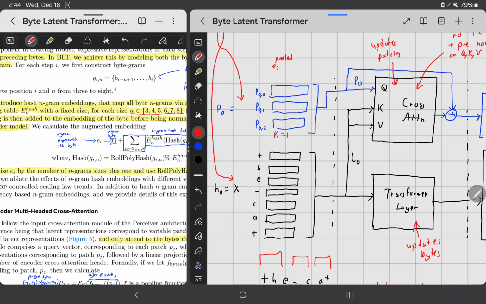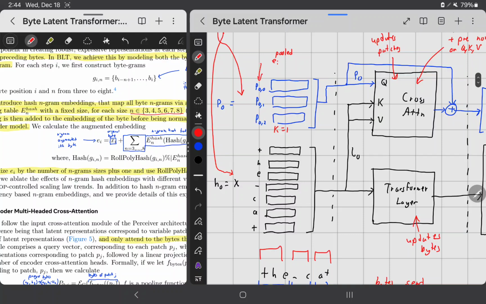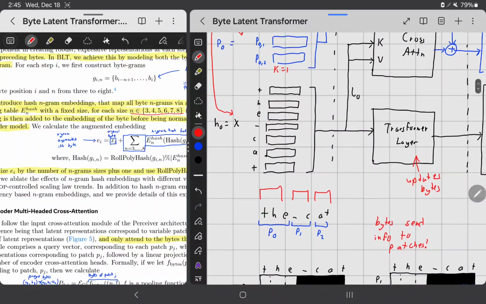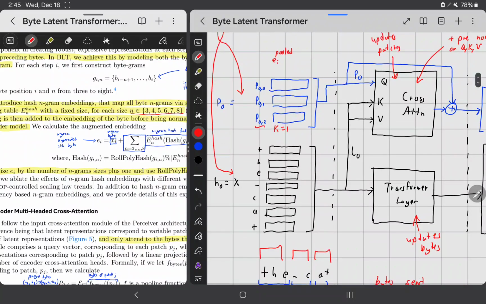And note that these are pooled, so this one here, P00, has to represent the word the, so it's going to be the pooled version of the n-gram informed bytes of T, H, and E. Same for P01, it'll be the pooled version of this, so you can average them together or something like that. And same for AT for P02.